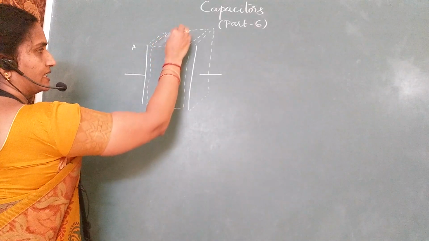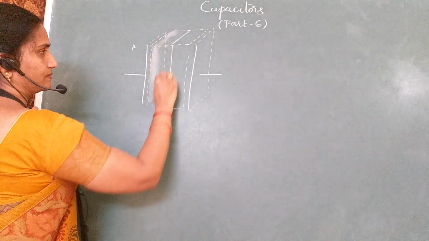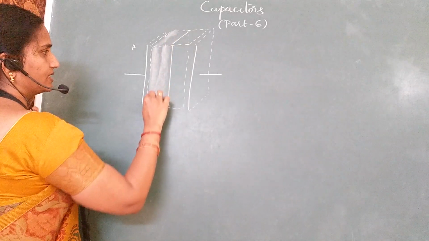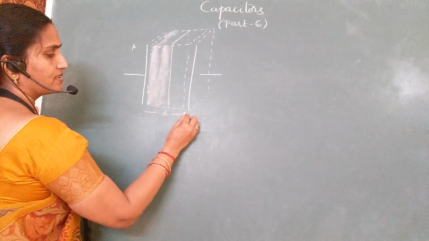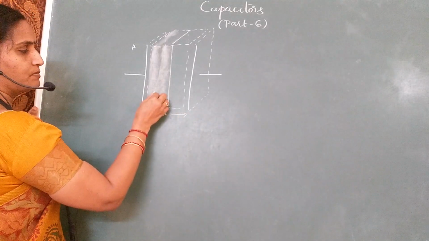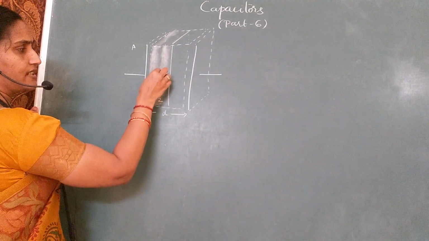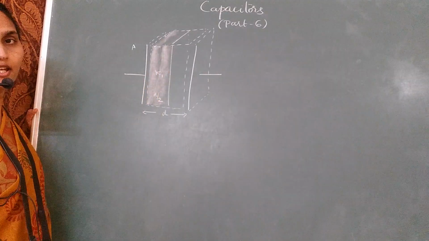Say this is one dielectric till half the distance. The distance between the plates is D. Half the distance between the plates is filled with a dielectric slab whose dielectric constant is K1.